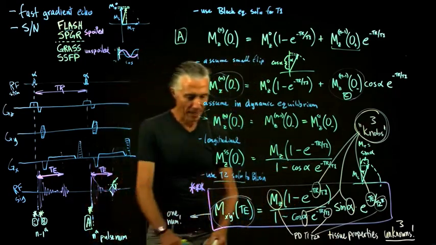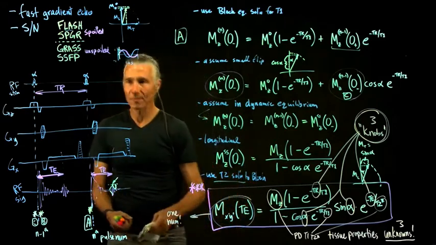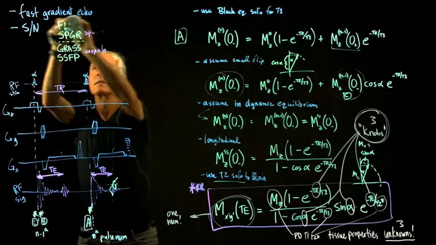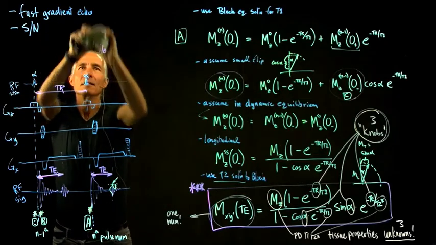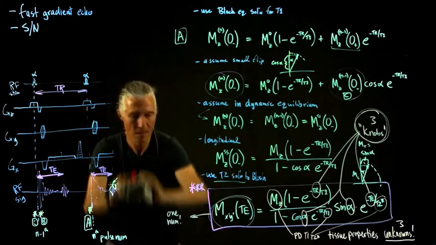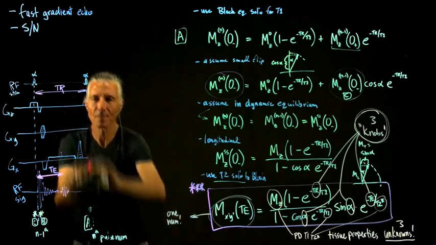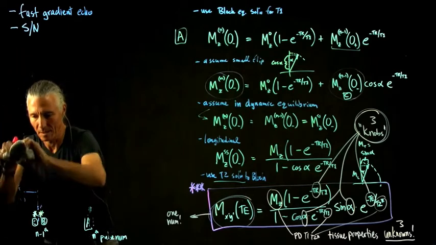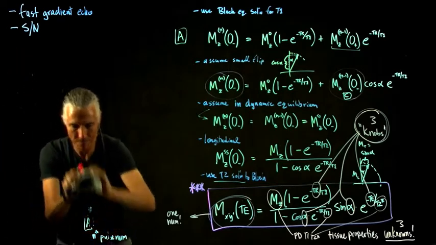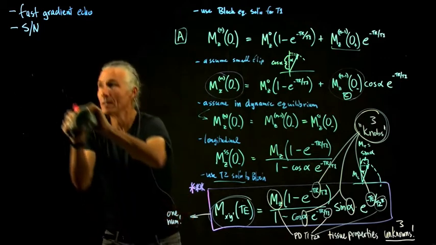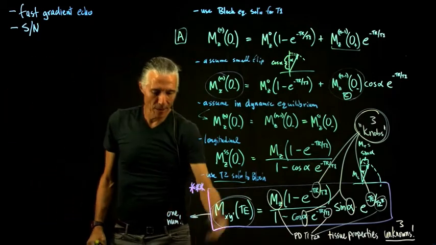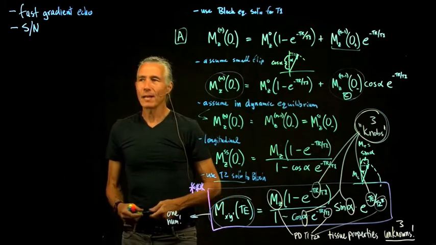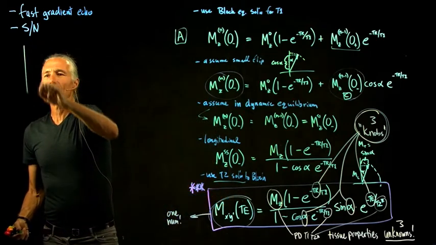Okay, so what does that look like if you actually plot that, so that we can get an idea of what tissue contrast looks like? If we just plot this equation, you could just plug this equation into MATLAB and plot it.